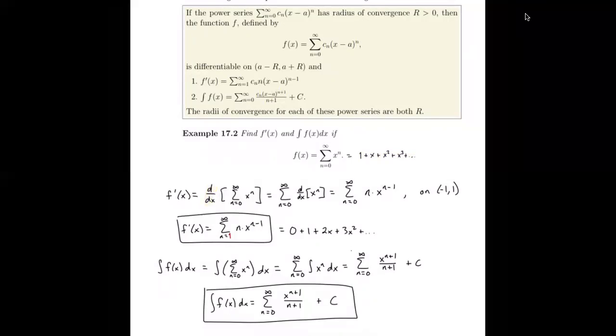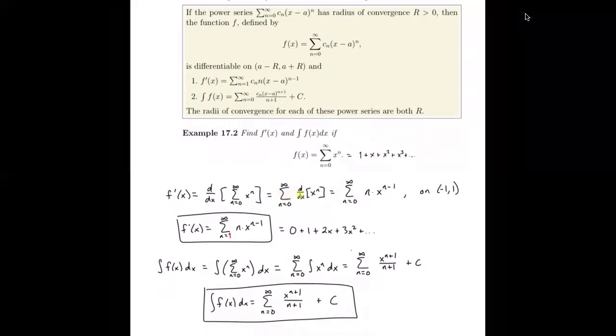That's something that you don't always get in mathematics, as not all of our theorems in calculus let us exchange the order of these operators. So for functions that have power series that converge, this is fine. This exchange that we have here is completely valid.